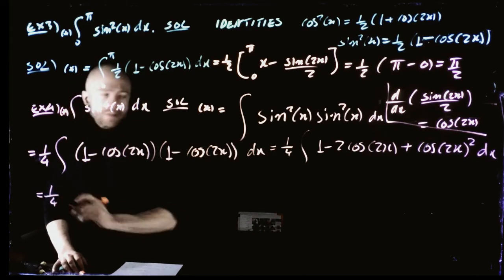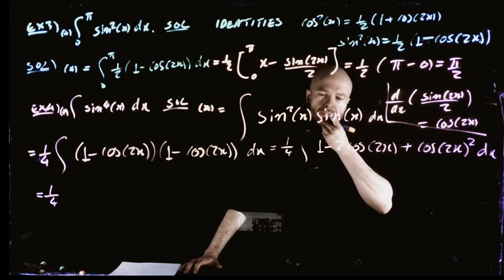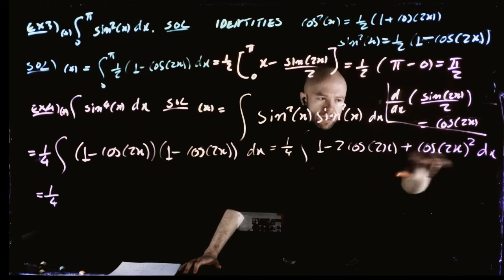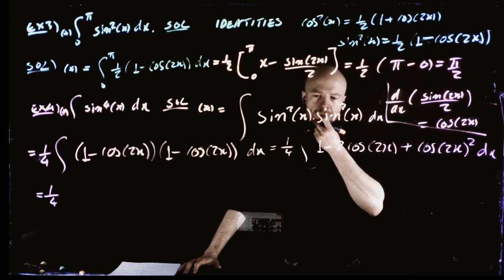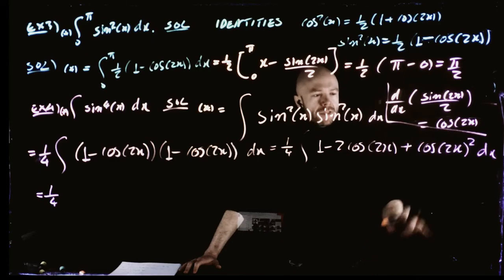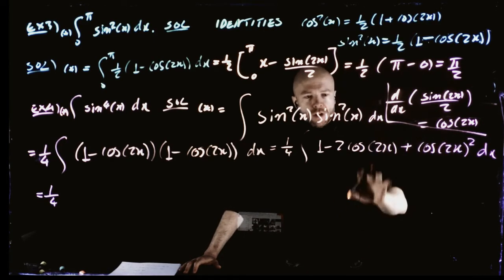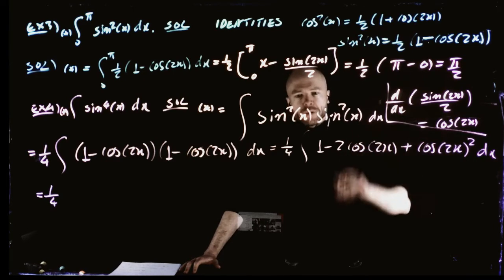Cool. All right, so now what from this stage? Can we just write the antiderivative of this thing, or do we have to think some more? Yeah, I see what you're saying. The cosine squared for sure is a problem. We can find the antiderivative of the other terms just the way we did before.